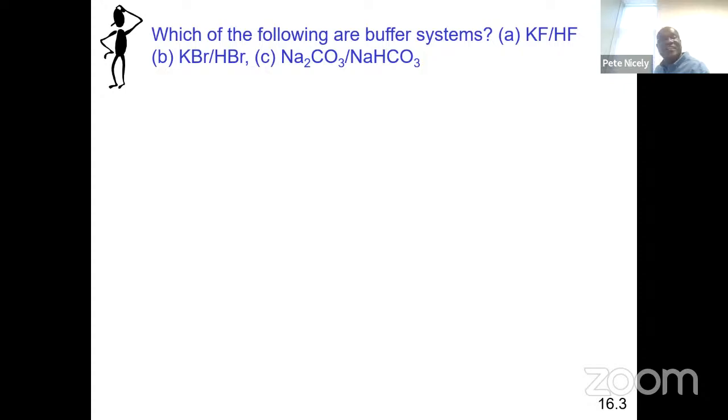This question says, which of the following are buffer systems? Now remember, by definition, a buffer is a mixture of either a weak acid and the conjugate base of that acid, or a weak base and a conjugate acid of that base.